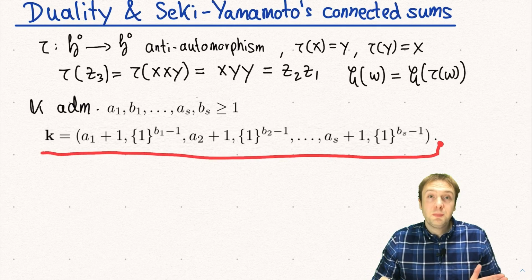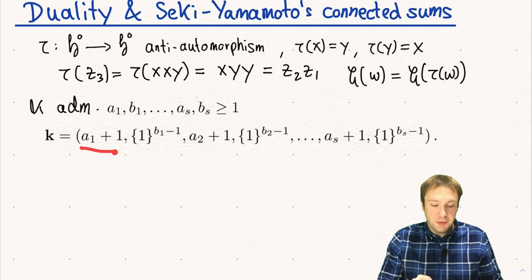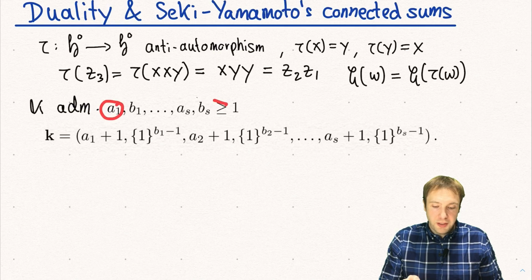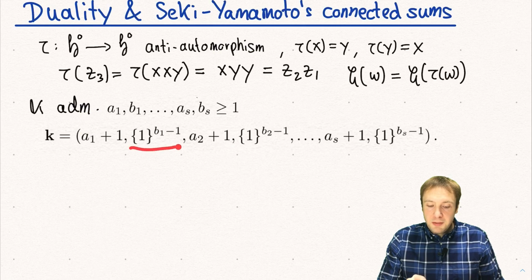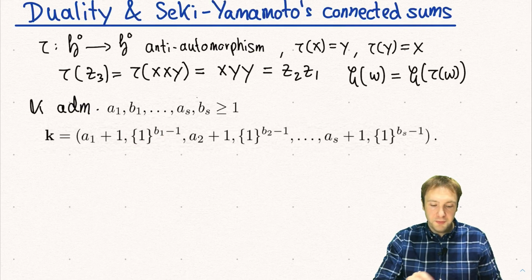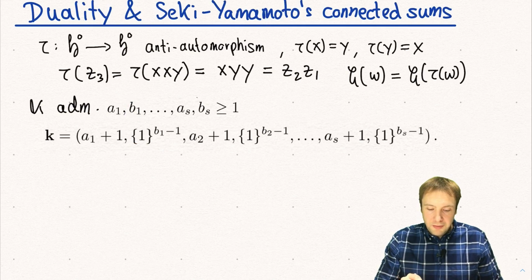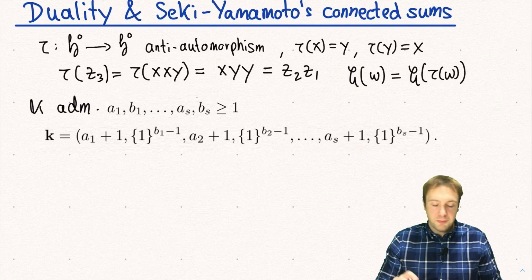Because k is admissible, it will start with a number which is greater or equal to 2. Therefore there's some a1 greater or equal to 1, such that we start with a1 plus 1. And then maybe there will be some 1s after this. So I have b1 minus 1 1s there. But it could also be the case that there are no 1s, and in this case this b1 would be 1. Then I have again a number greater or equal to 2, maybe some 1s, and so on. And then maybe at the end I have some 1s.